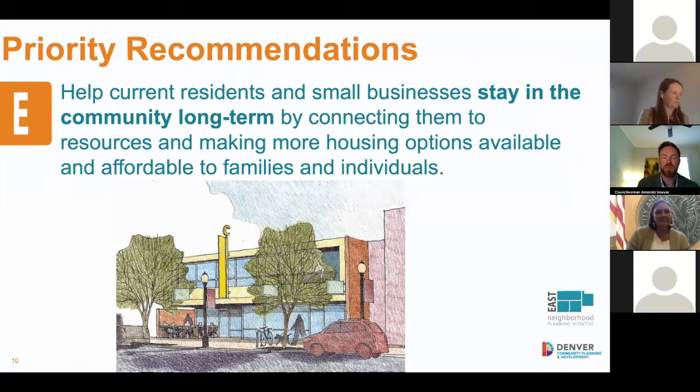The first has to do with preventing involuntary displacement of both residents and small businesses, and as these neighborhoods change over the next 20 years, doing what we can by supporting existing residents and businesses to stay in the East area if they'd like to, using our resources, including housing options and affordability programs geared towards both residents and businesses.